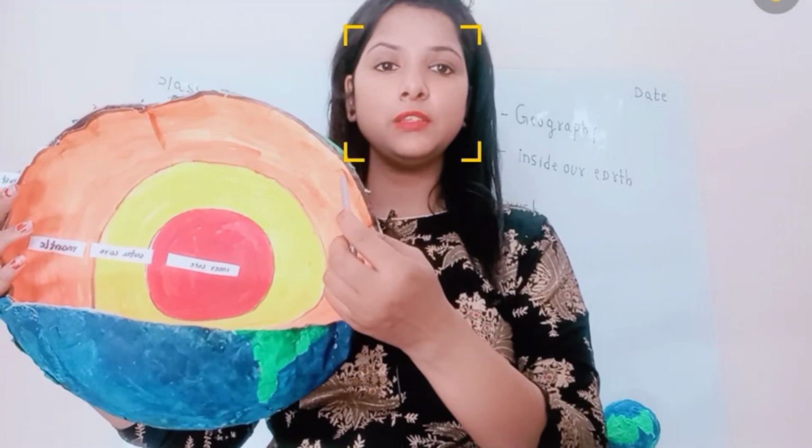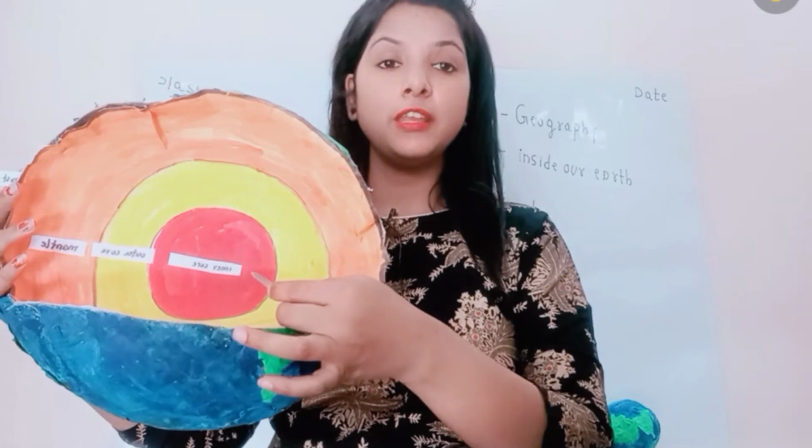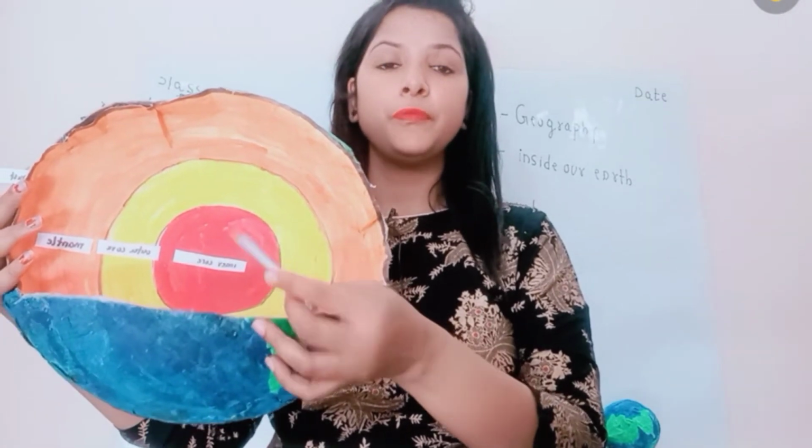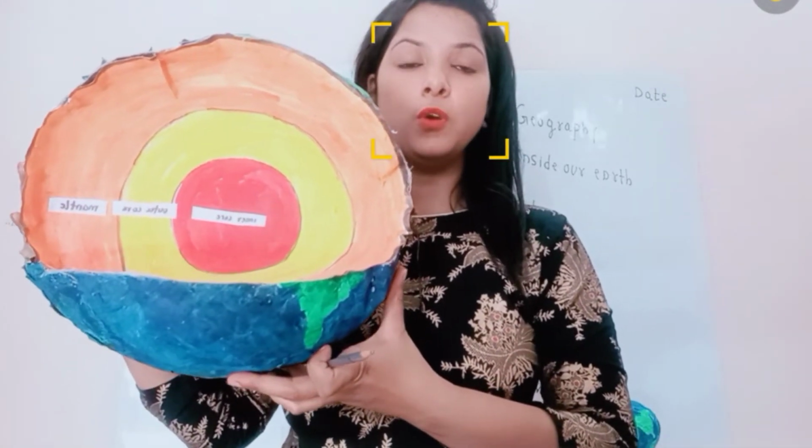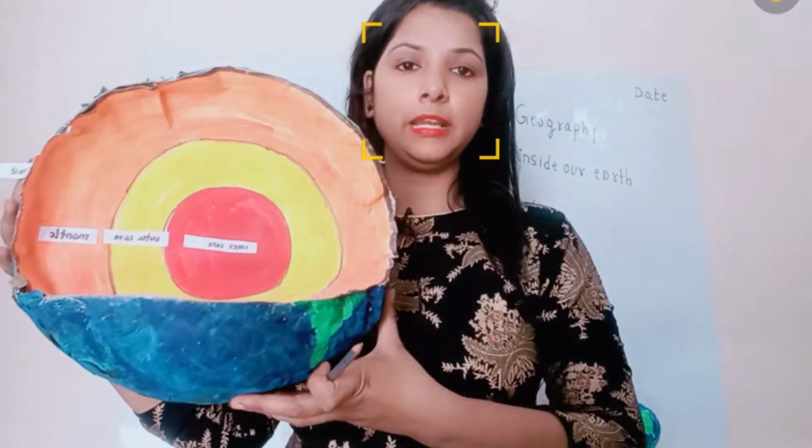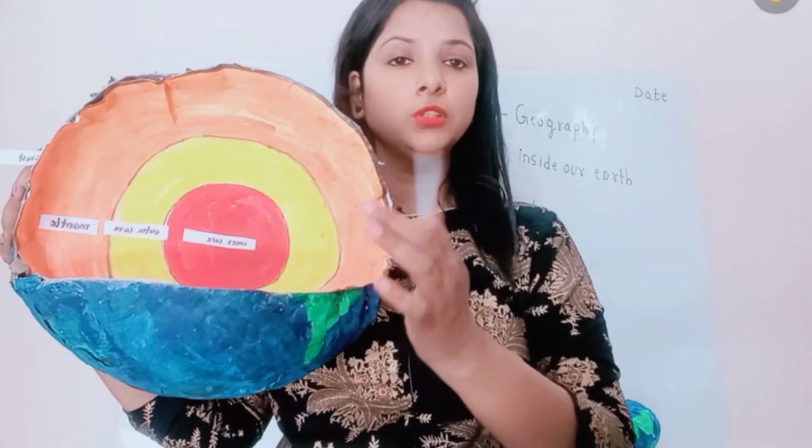It has a very high temperature in it. Okay, it is made up of nickel plus iron. So you can see this. This is how our earth looks from inside. Our earth has 3 layers: crust, mantle and core, that we have learned today.